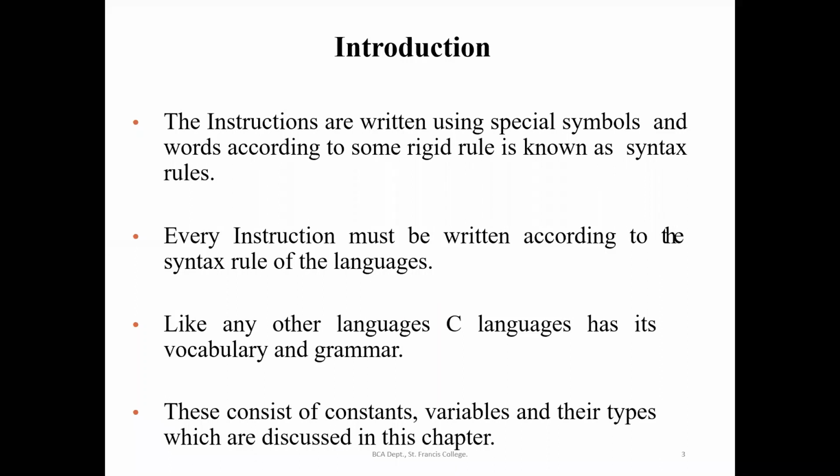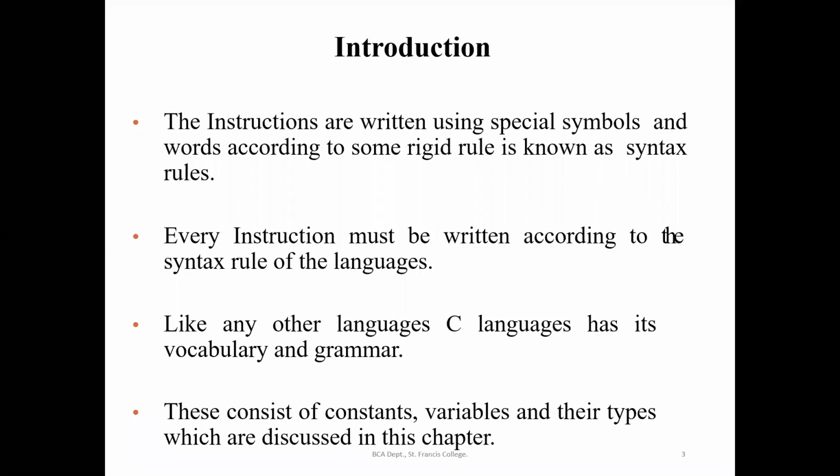Here also, in the C programming language, we have a set of instructions known as syntax rules for writing a particular program, and we have to follow certain grammar. Even the program syntax, how we write it, has to be followed in a particular manner. Then only it will be taken as an instruction by the computer.